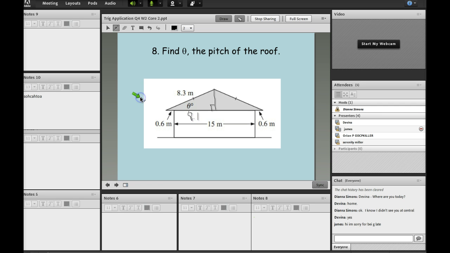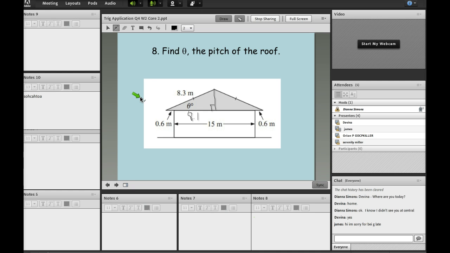Okay. So what am I going to use? First off, am I going to use sine, cosine, tangent, or the inverse of them? Going to use the inverse, right?